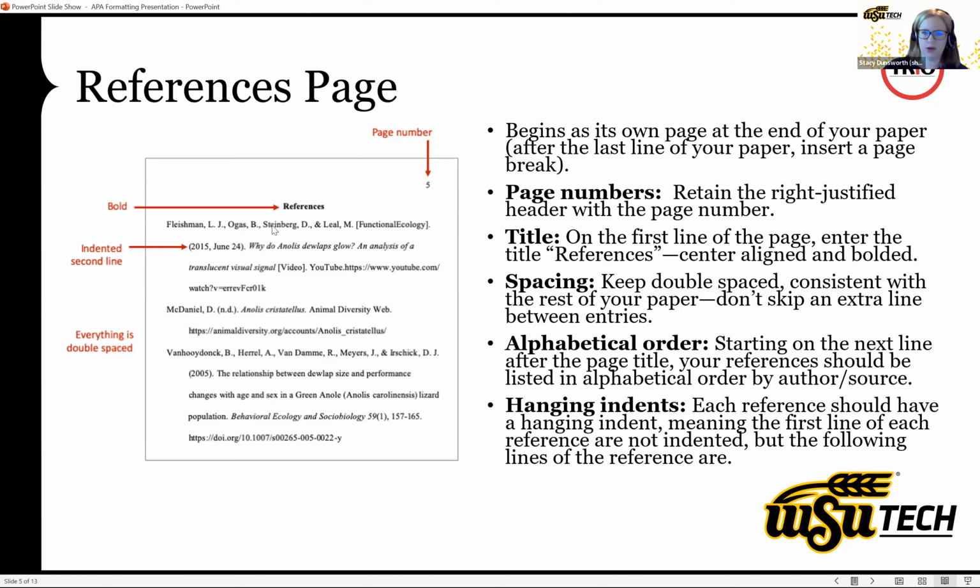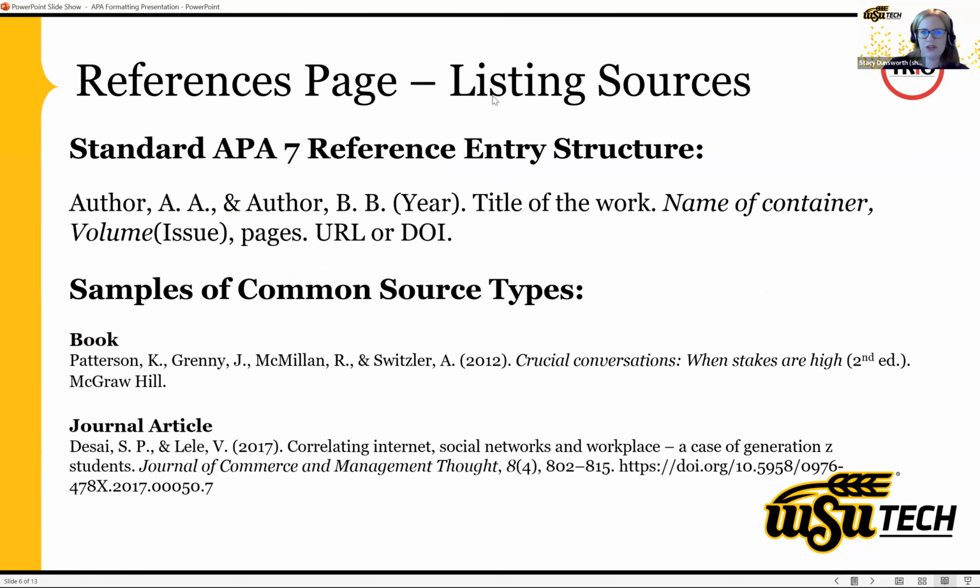Okay, very, very important. Now let's talk about how we make the references page. So first of all, this is a standard reference entry structure. Bear in mind that not every single piece of information listed here will be available, and that's okay. Just fill in the ones that you can.